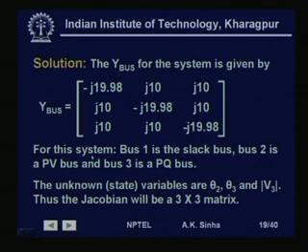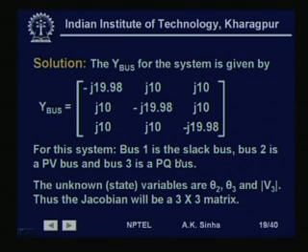Therefore, for this system, as I said earlier, bus 1 is slack bus, bus 2 is a PV bus and bus 3 is a PQ bus. The unknown state variables are theta 2, theta 3 and V 3, that is the voltage angle at bus 2, bus 3 and the voltage magnitude at bus 3. Thus, the Jacobian matrix for this system will also be a 3 by 3 matrix.